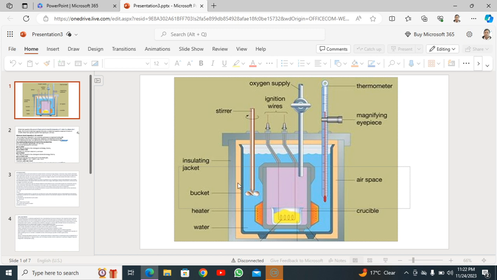This is the air space given, and this is also hard steel for insulating. After the ignition, the energy that develops here will transfer to the water, and the temperature of the water rises.